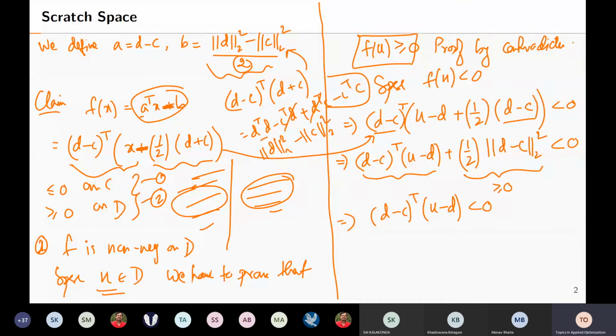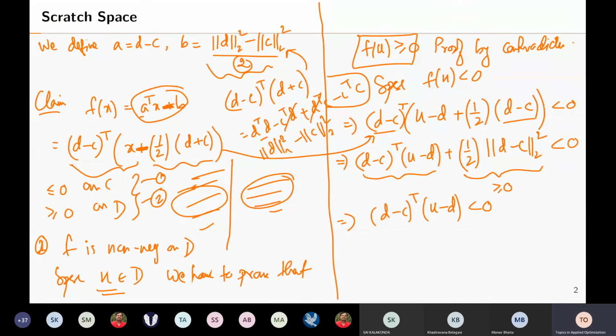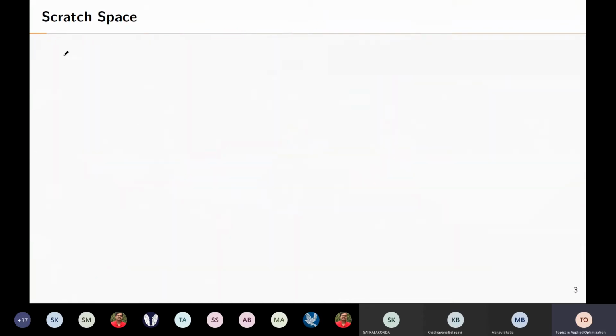Now we will use some calculus trick. Do I have a next page? Yes. So let us go to the next page. We had (D minus C) transpose (u minus D) less than 0.